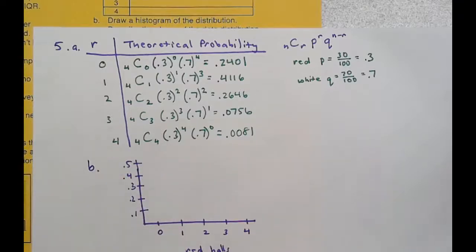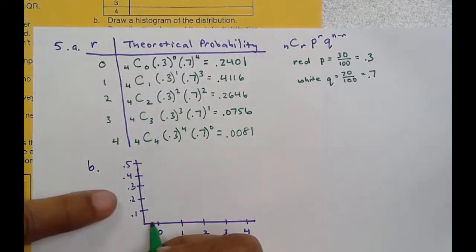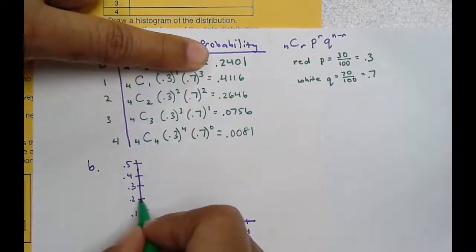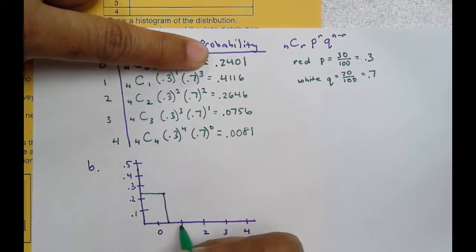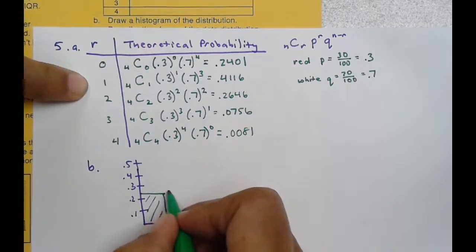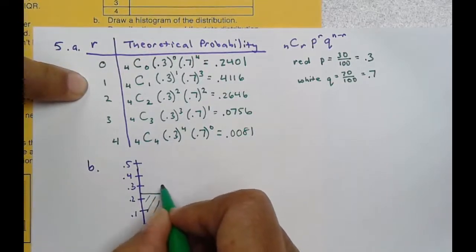Okay. All right, let's go ahead and put in our histogram. And a histogram is basically a bar graph, right? So at 0, we're at basically 0.24, so 0.24 looks like it's about right here. And so next we're going to go ahead and put 1 at 0.4. So it's just a little bit taller.